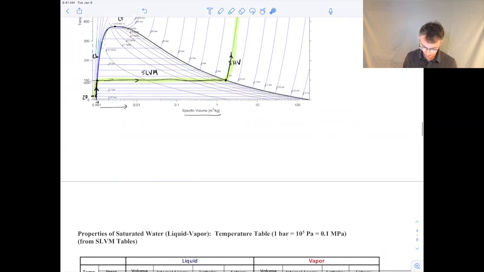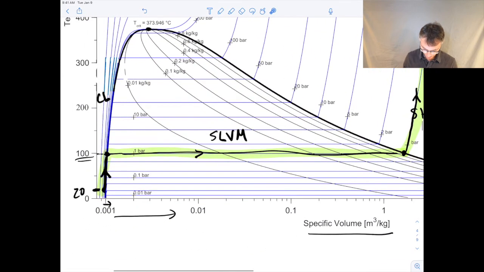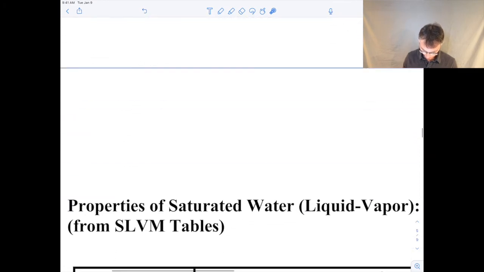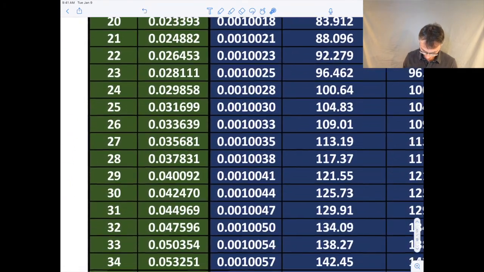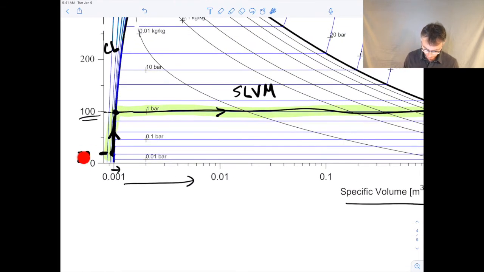So let me go back up to this plot here. It's a little hard to see. Well, 20 is about as good as it's going to get. So here's roughly 20 degrees Celsius. And you can see the corresponding pressure in the vapor dome where we have the saturated liquid vapor mixture.